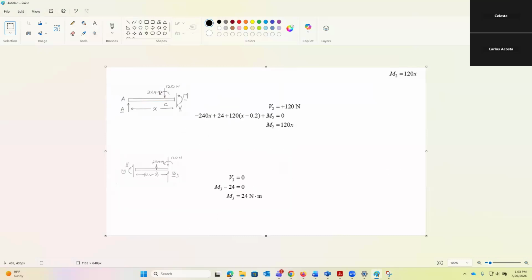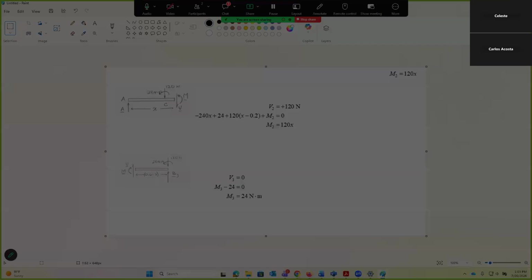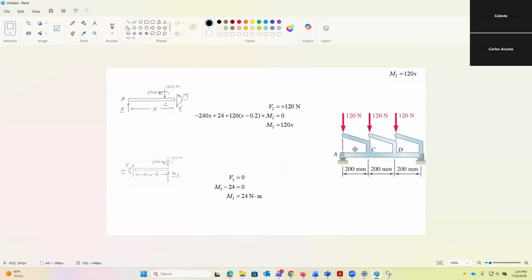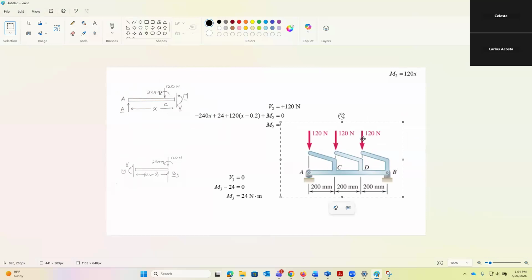So we have 0.6 minus X to get to BY. This is the variable distance right here. We have a moment of 24 Newton meters. And the reason we have that moment is because, if you remember correctly, the original geometry had this force of 120 here.